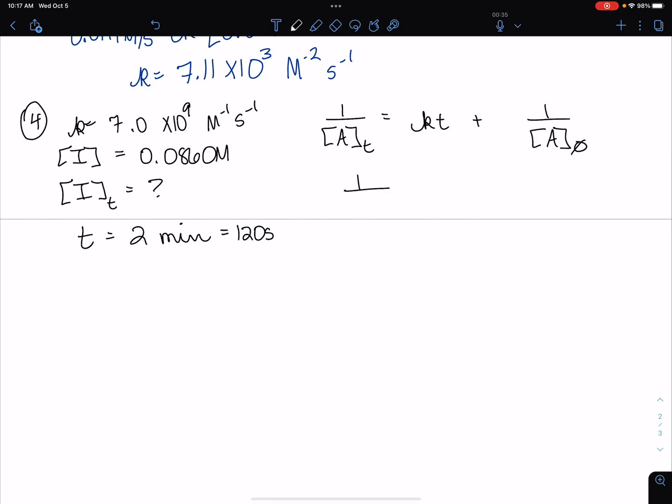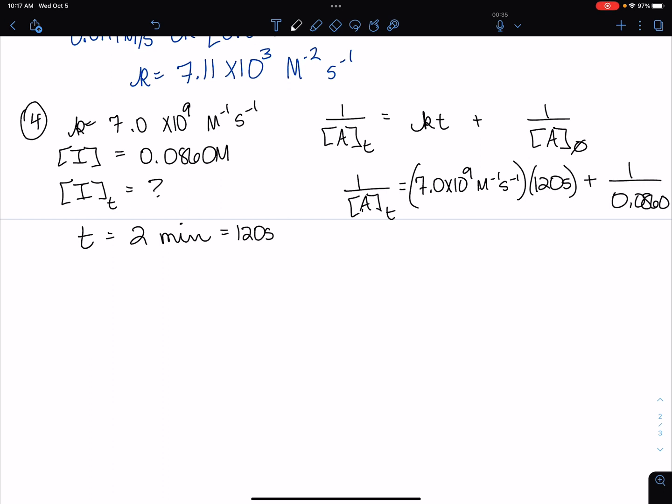So 1 over the concentration of I, I'll just leave it like it is in the formula, at a certain point in time is equal to K times T plus 1 over 0.0860 molar.